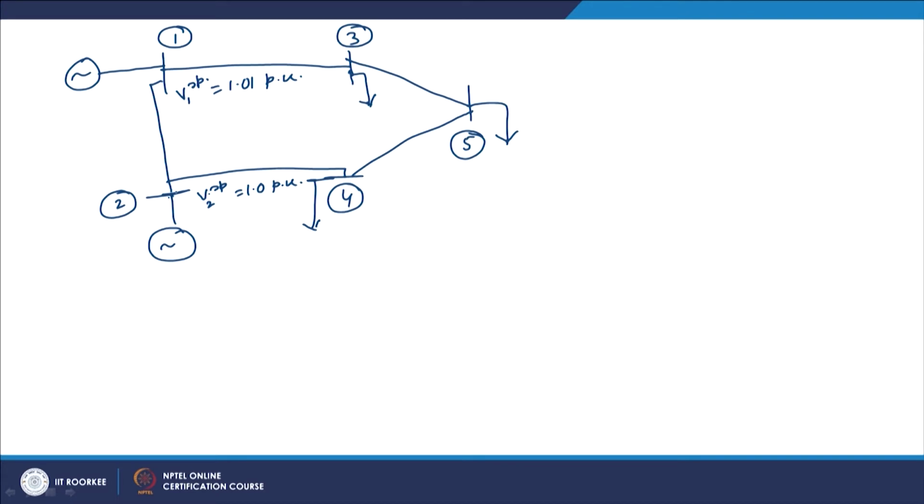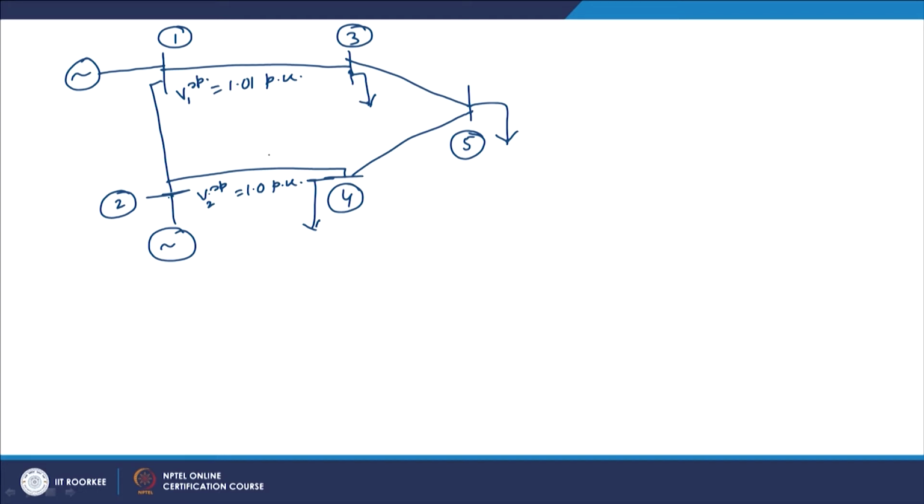If these bus voltages drop, what will happen? The excitation systems of these generators will try to maintain the bus voltages by injecting more reactive power into the system, right.